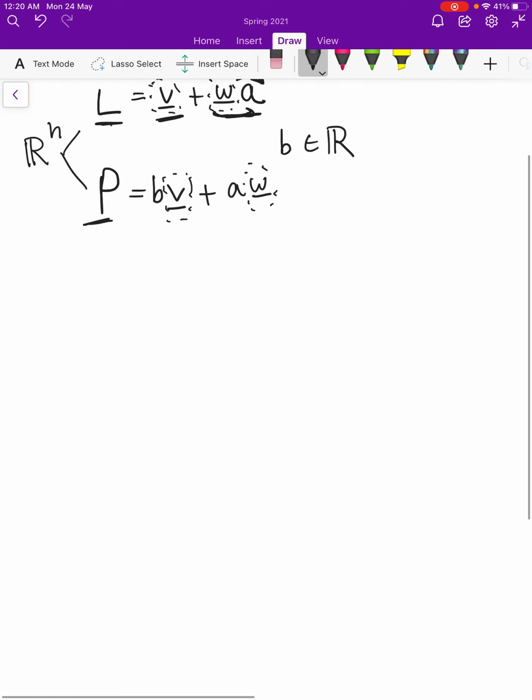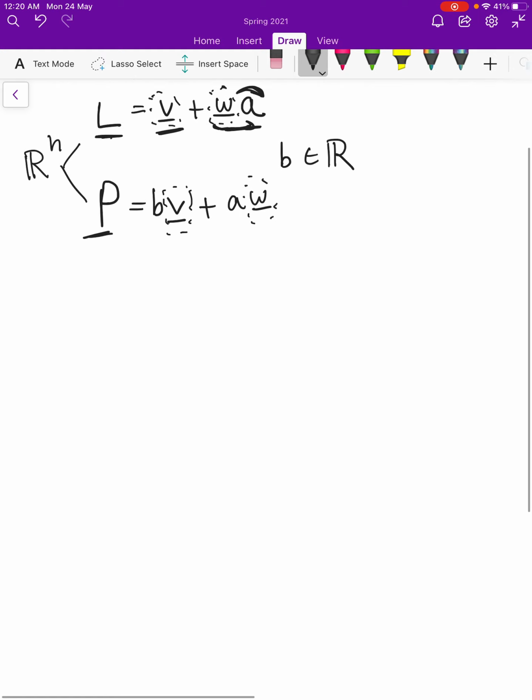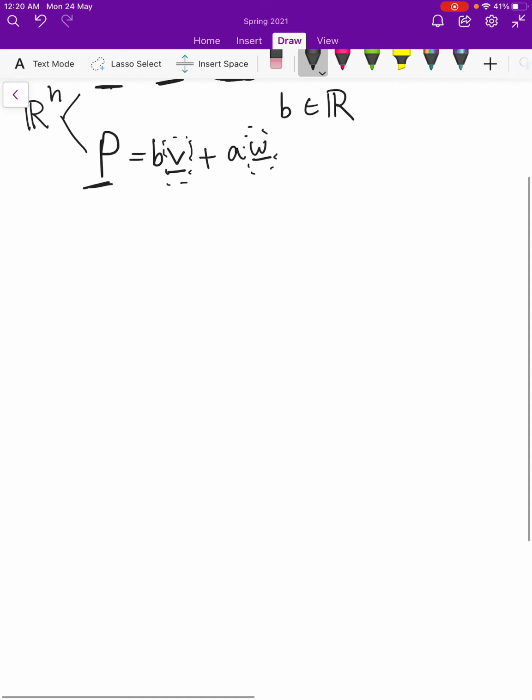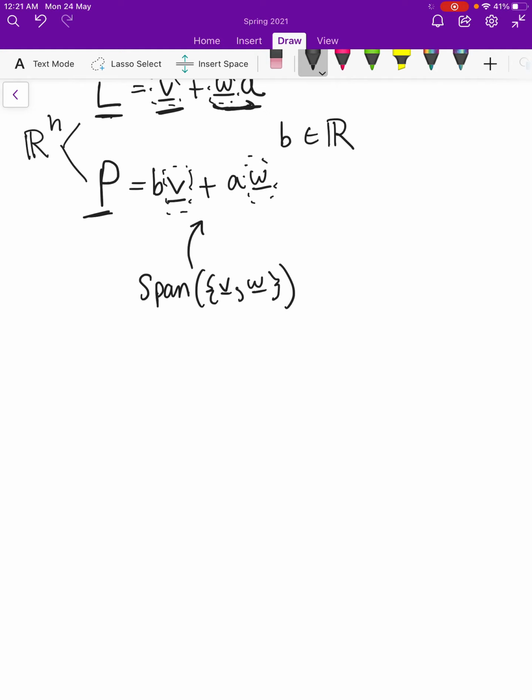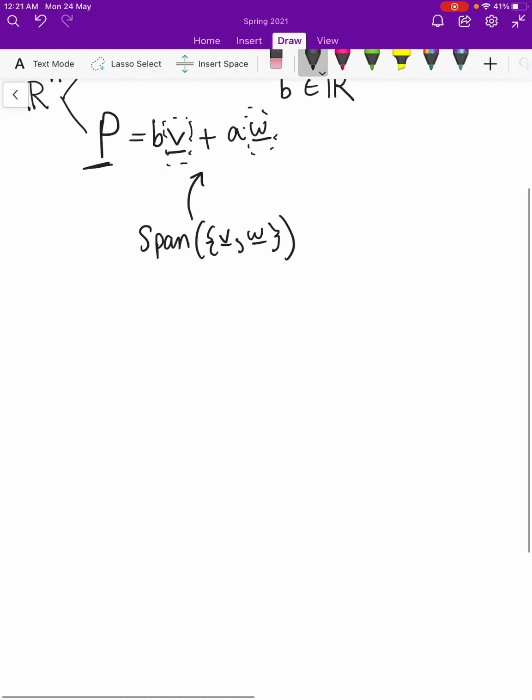It doesn't change anything with n. Now, span notation, our first time of seeing it here is going to be span of v and w. And that's how span notation is useful in this case.